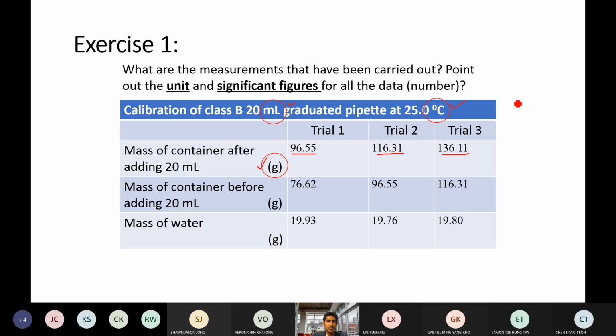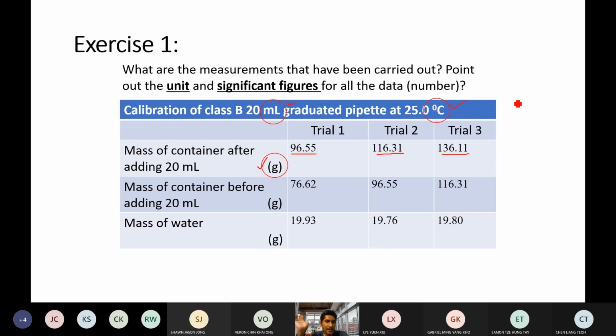We have to calibrate first because our lab condition may be different from what is written for that instrument. Maybe the instrument is for 20 degrees centigrade, but we are using it at 30 degrees centigrade or 28 degrees centigrade. Because if we want to be precise, our lab work needs some precision.